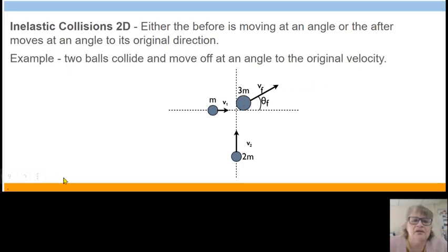Okay, so in my picture here, I have two balls that are moving, one in the x, one in the y, and then after they collide, they become three times the mass, and then move away at an angle.